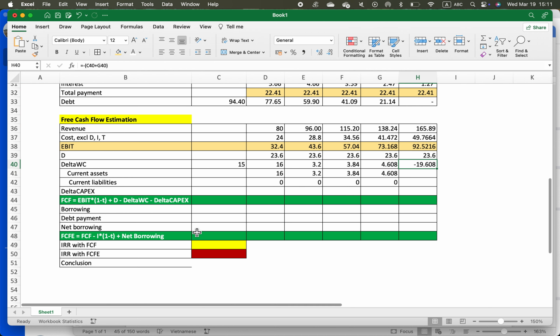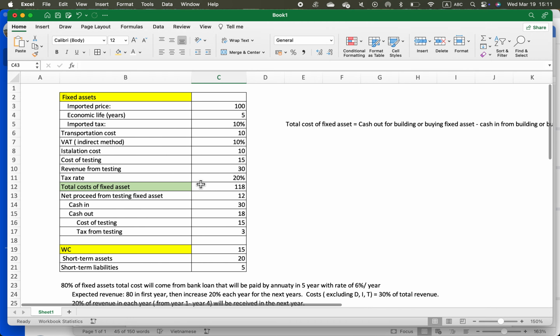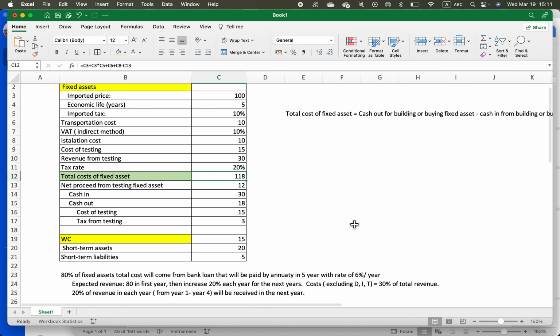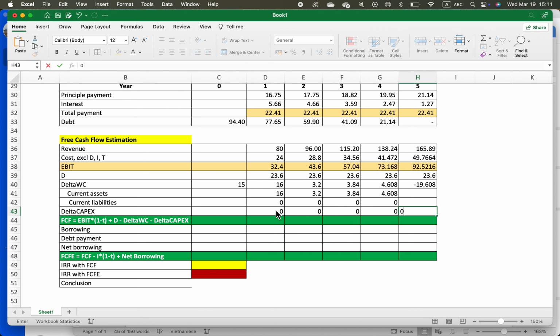Cool. What is the delta capex? In here we don't have any information for liquidation of fixed asset at the end of the project. So let's say it's 0. Throughout years 1, 2, 3, 4, 5, 0.